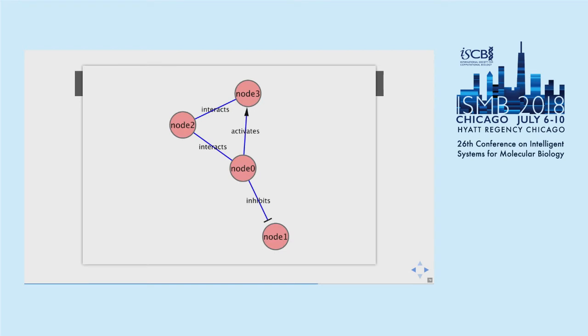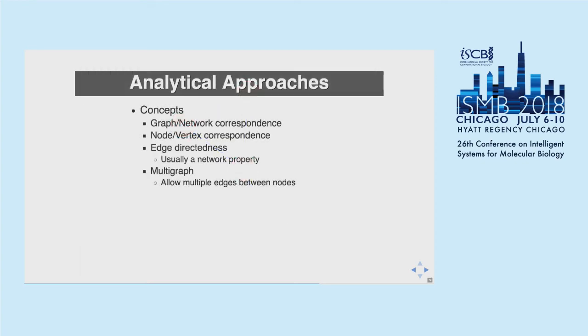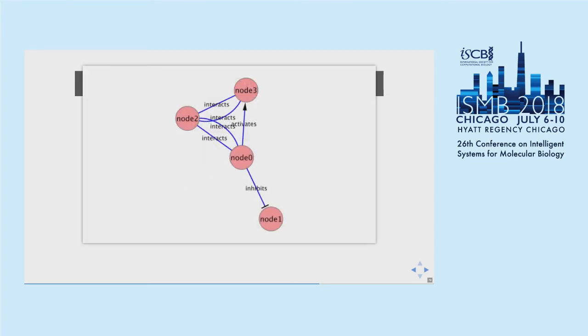If you think about a network, this is a great sample network for illustrating a number of different things. A key thing to understand, because it's what Cytoscape uses, is a multigraph. Cytoscape allows multiple edges between nodes.